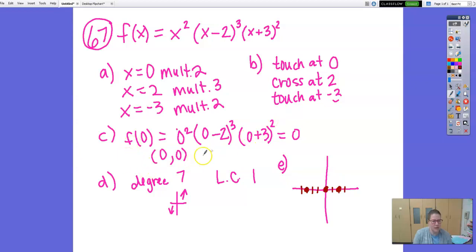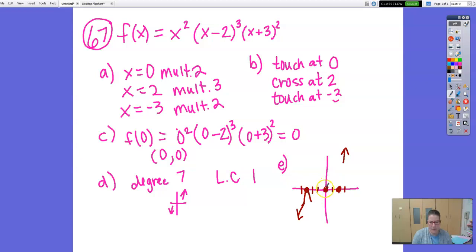Next thing we want to look at is the degree, so we can look at our end behavior. I know that this end is going to end up down, and this one will end up up. Now I know I have to either touch or cross at each of these, so since this end is down, I'm going to come from the bottom. At negative 3, it's going to touch, so we're going to come up and touch. We're not going to go through the axis, we're just going to touch and turn around.